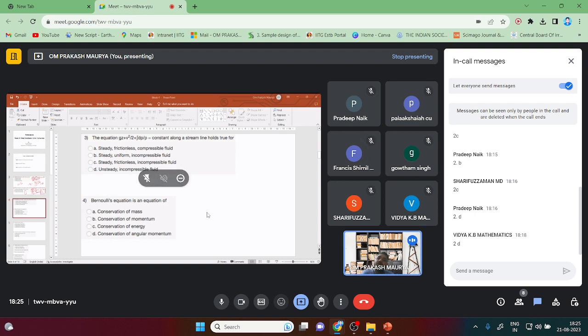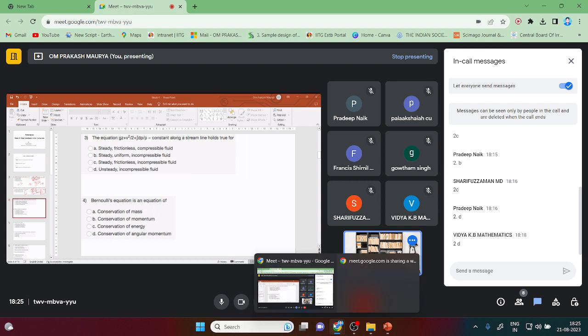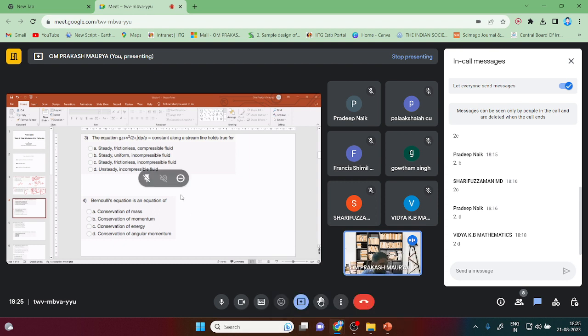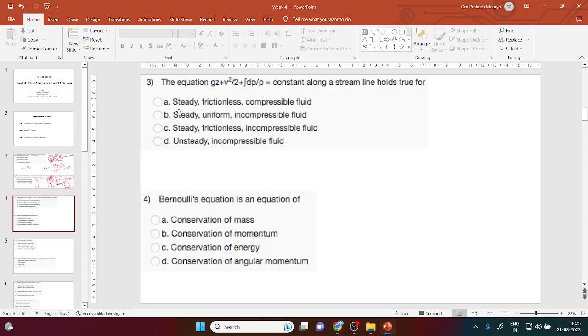Please go to question number 3 and write your answer in the chat box. Question number 3: the equation gz plus v square by 2 plus del p by rho is constant along the streamline, holds true for. This equation given in question number 3 is valid only along the streamline.